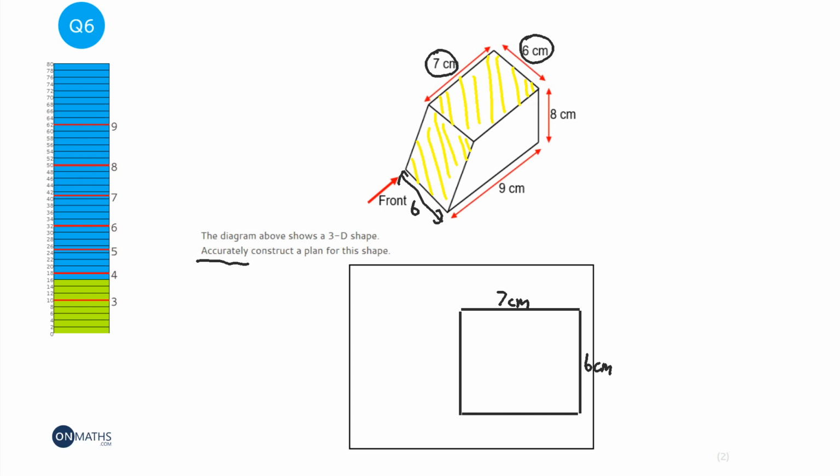But what's the width going to be? What's this one going to be here? Well, if this one here is 7 and this one here is 9, what's left over? Well, there's 2 centimeters left over, so it's going to be 2 centimeters in width.